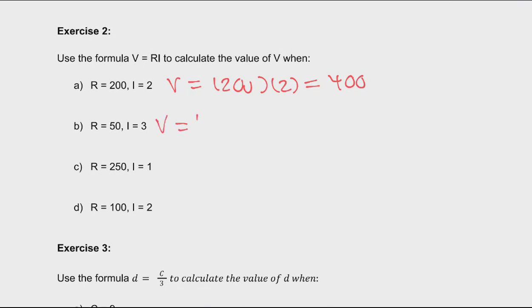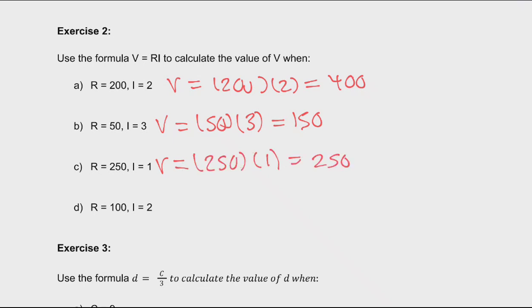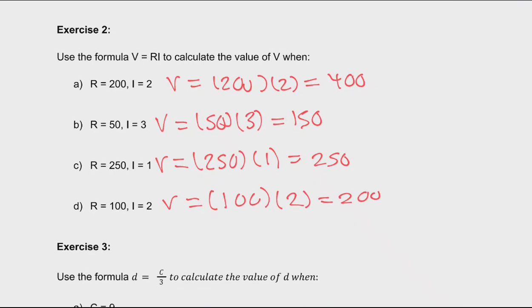V is equal to 50 times 3, which is 150. What about when R is 250 and I is 1? V is equal to 250 times 1, which is simply 250. And finally, what is V when R is 100 and I is 2? That is going to be 100 times 2, which is 200.